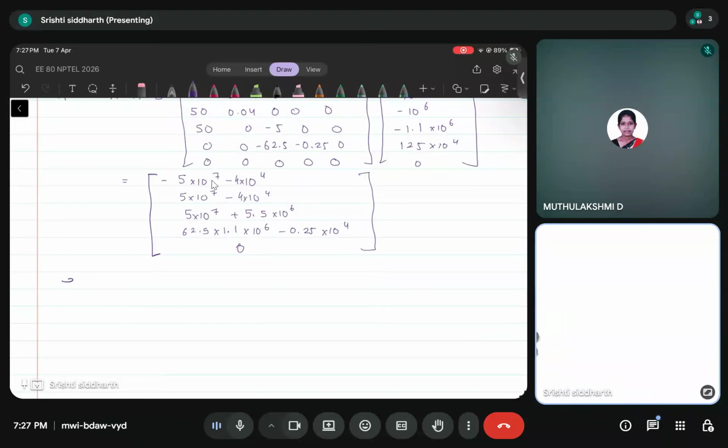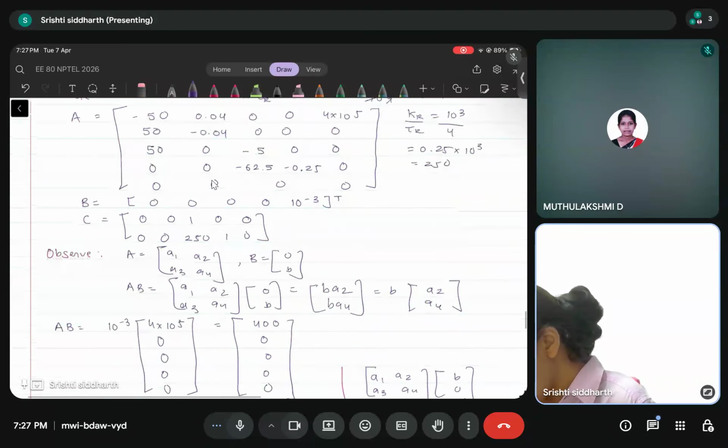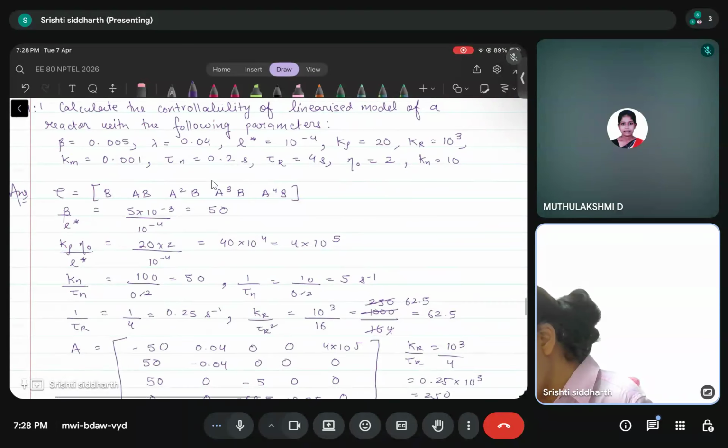Okay, so the controllability matrix would be 5 by 5 matrix, right? So it would be B first. This would be 0, 0, 0, and Km. Km is 10 to the power minus 3.